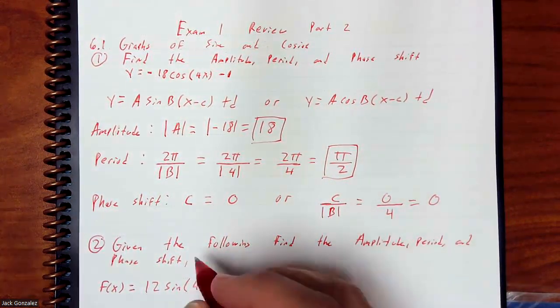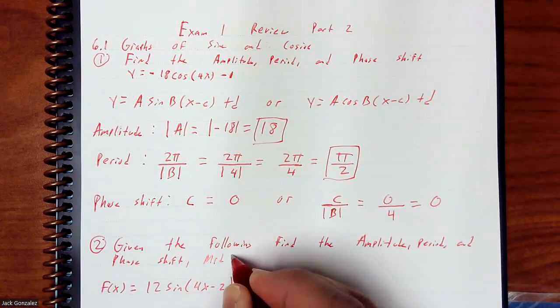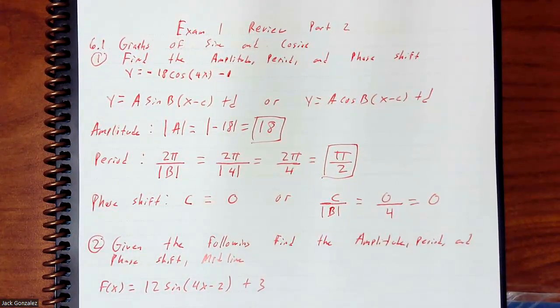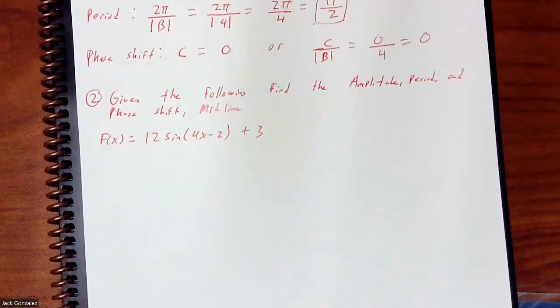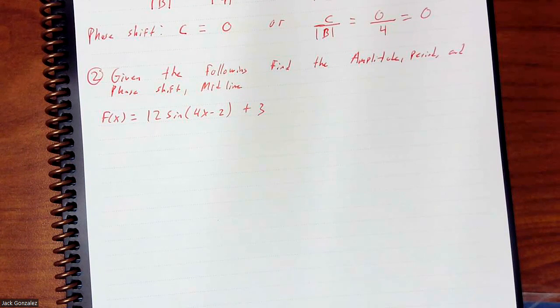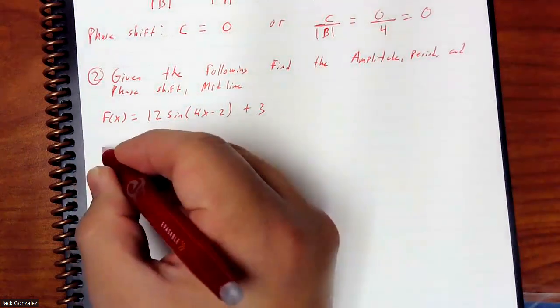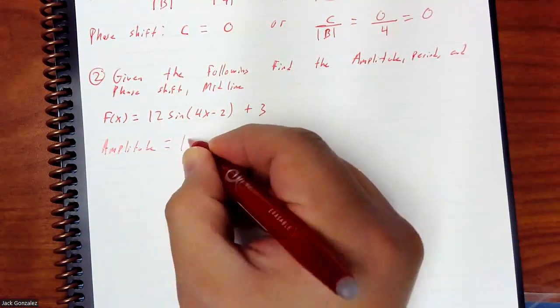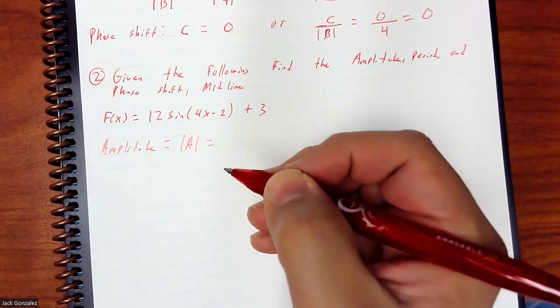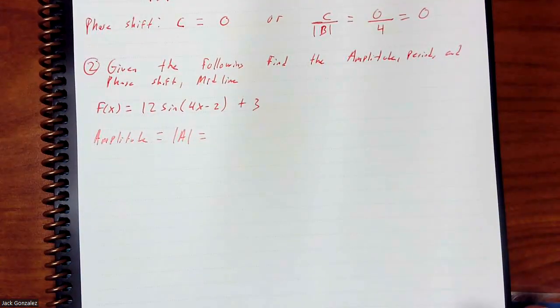Midline, right? From the homework. All right, first thing, amplitude. Formula is this. What is our amp? Yeah, it's going to be 12, right?